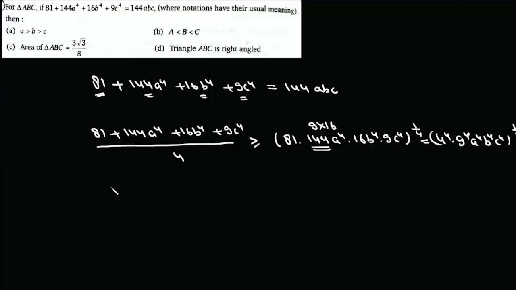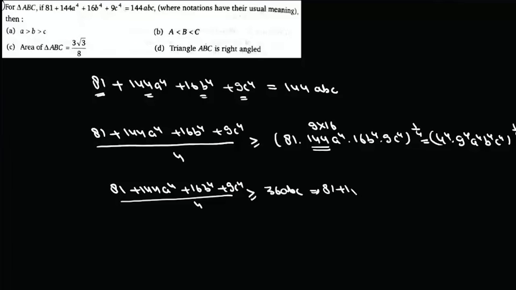So from here we can write 81 plus 144 a to the power 4 plus 16 b to the power 4 plus 9 c to the power 4 upon 4 will be greater than or equal to 36 ABC, or we can write 81 plus 144 a to the power 4 plus 16 b to the power 4 plus 9 c to the power 4 is greater than or equal to 144 ABC.